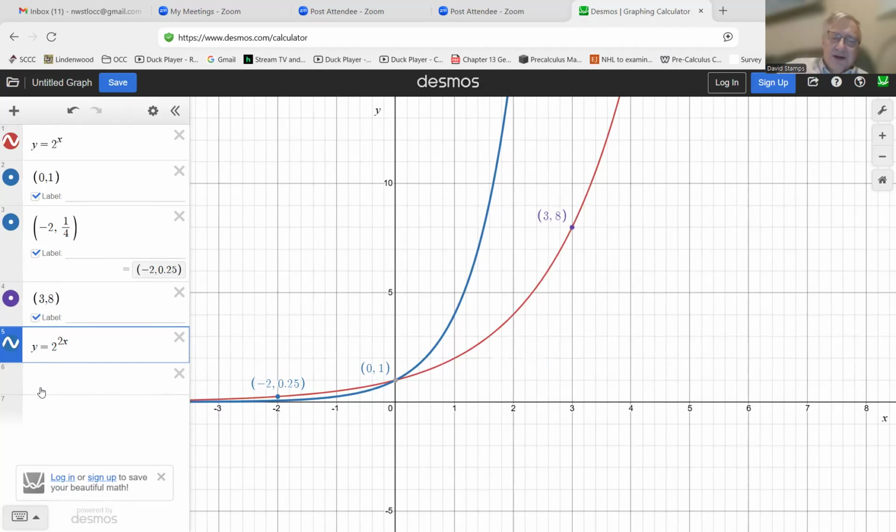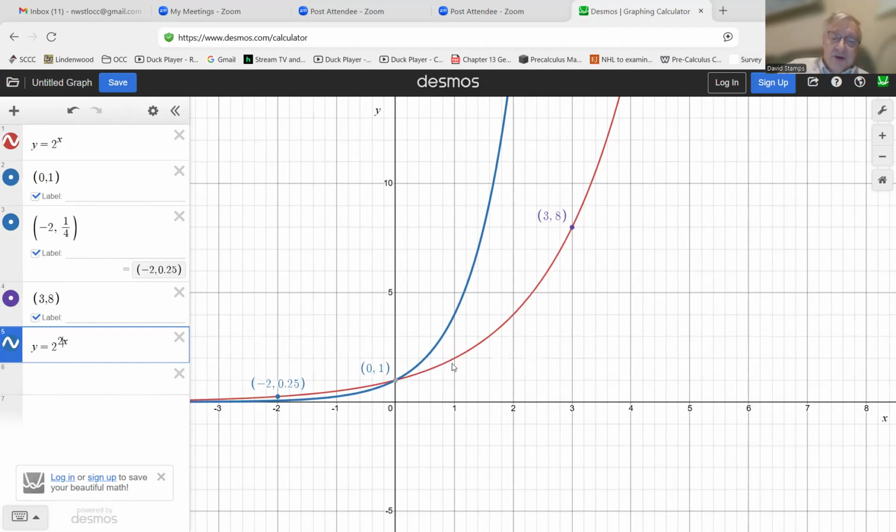I'm sorry, I said that exactly the opposite. When I multiply by a number bigger than one, it actually compresses it. So the x's are pulled closer to the vertical axis. So the point that was at, say, 3, 8 now is at 1.5, half of 3, and 8. Or maybe a little easier point. Originally, on the red graph, we had the point when x is 1, y is 2.